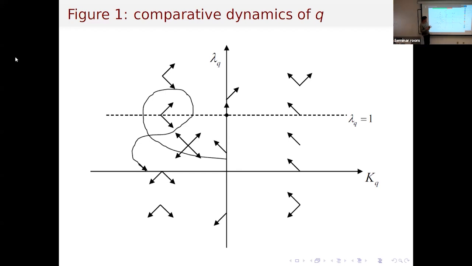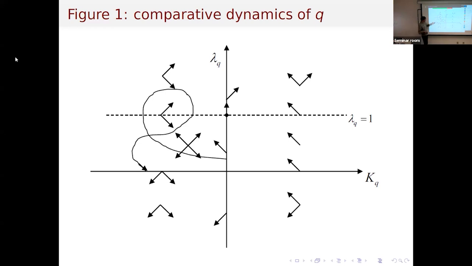So the system has to start from this area and always stay in the second quadrant. So this is a possible trajectory, and maybe also something like this, or something like this one. This is not a unique solution, but just some possibilities.